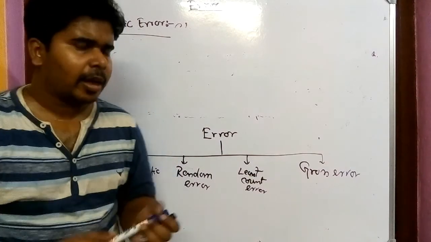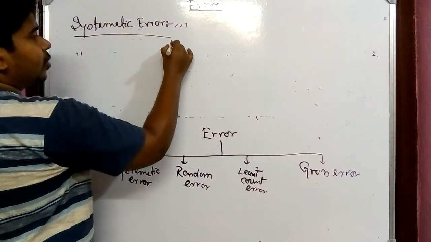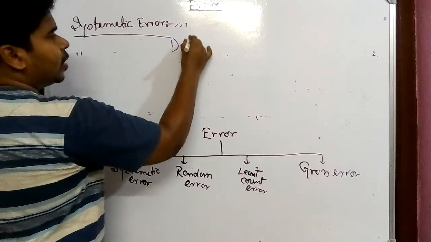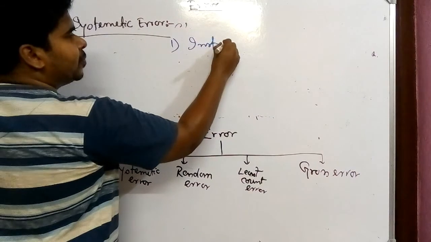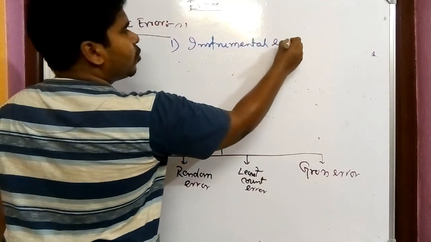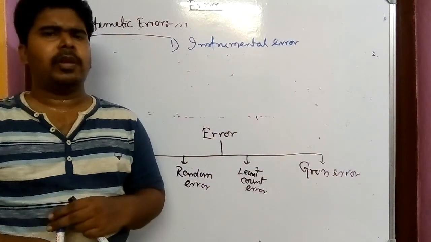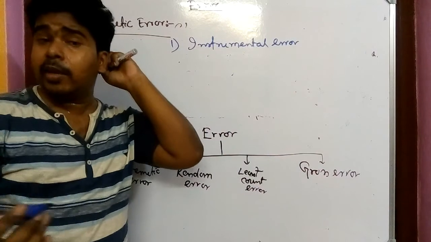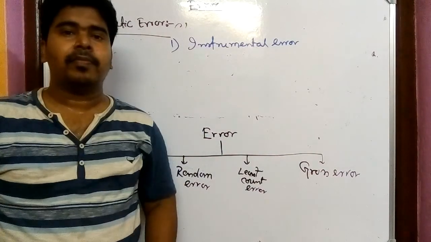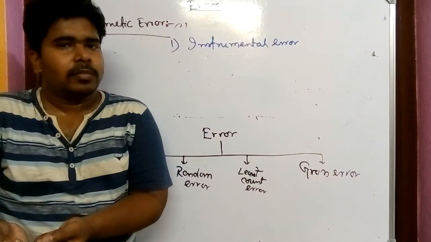What type of error can come? If I'm talking about systematic error, the first error that can come is known as instrumental error, which is very common for us. Whatever instrument you use, maybe there is some problem in that instrument. Maybe the scale you have used to measure the length is not proper, maybe the scale is broken in one place.